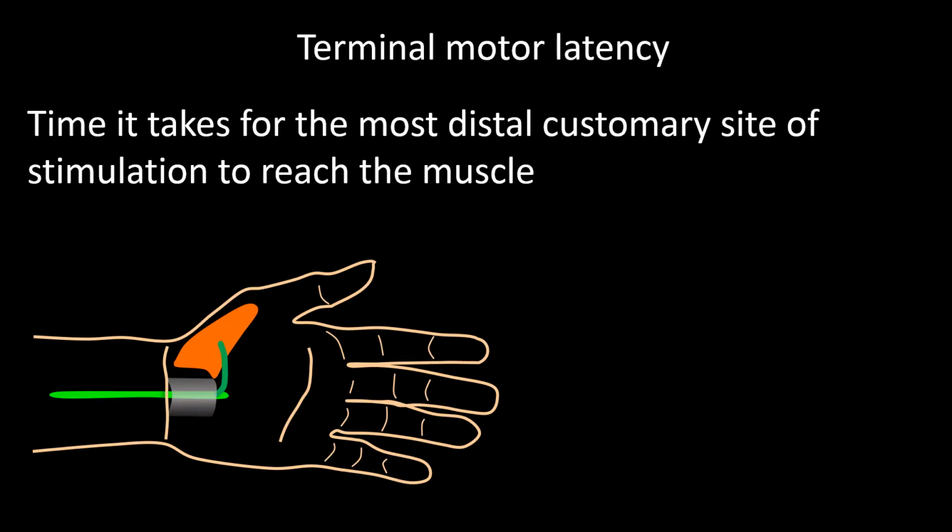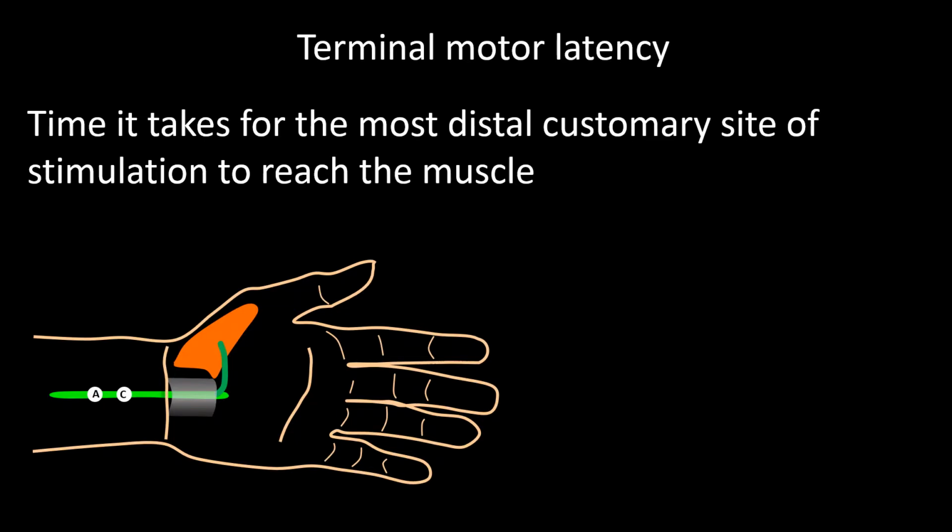Others define the term terminal latency as the time it takes for a stimulus generated at the most distal customary site of stimulation of a nerve to reach the recording electrode. The problem with this definition is the word customary.